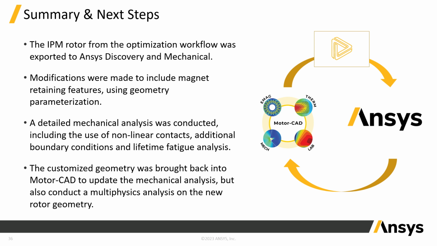With that in mind, we could conduct a detailed mechanical analysis, including the use of nonlinear contacts, additional boundary conditions, and lifetime fatigue analysis to give a more detailed look at these aspects of the rotor of the electric machine.